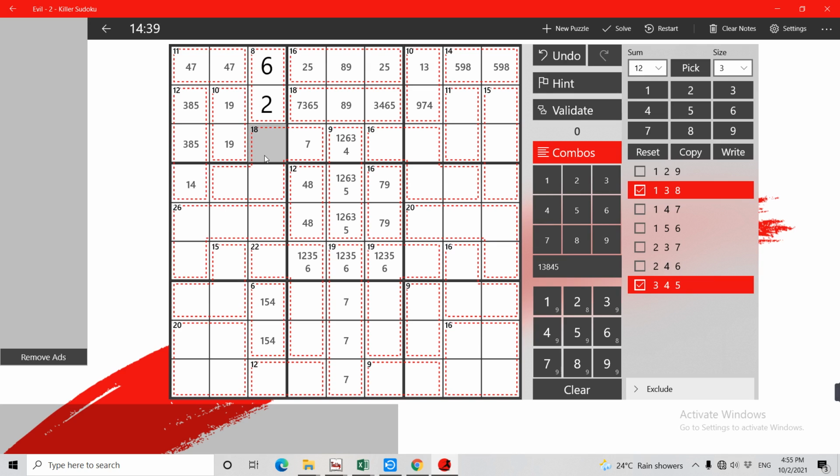Which means, with this 6, I cannot have my 8 here, which means I cannot have a 9 here. It gives me a 9 here.